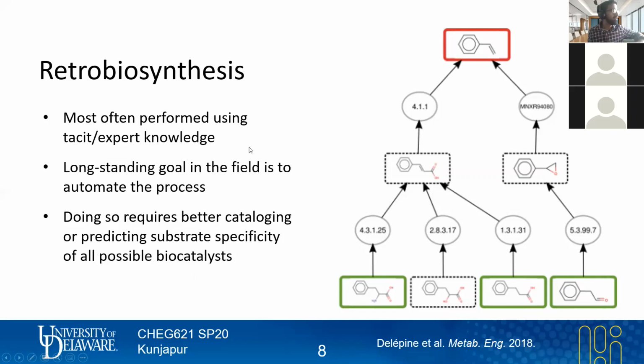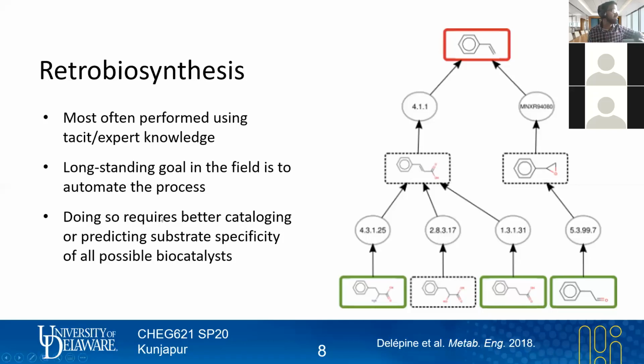But as we'll talk about soon, a long-standing goal in the field is to be able to use machines to predict this. Not just to save people time, but to explore more coherently, more logically, all the different candidate de novo pathways that one might be able to test.